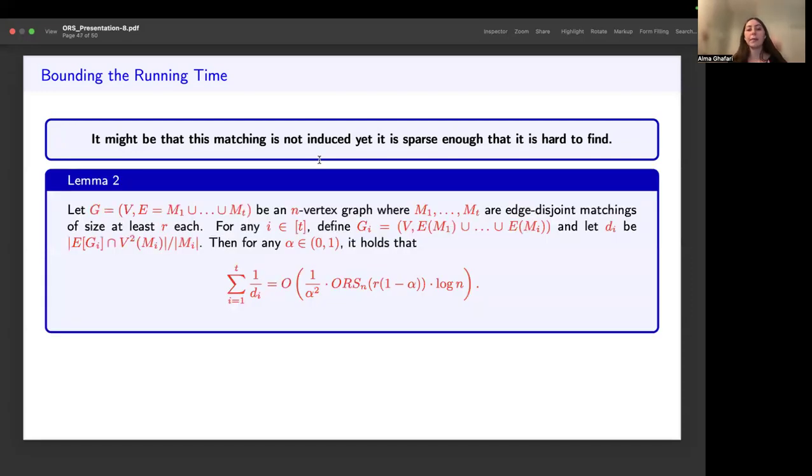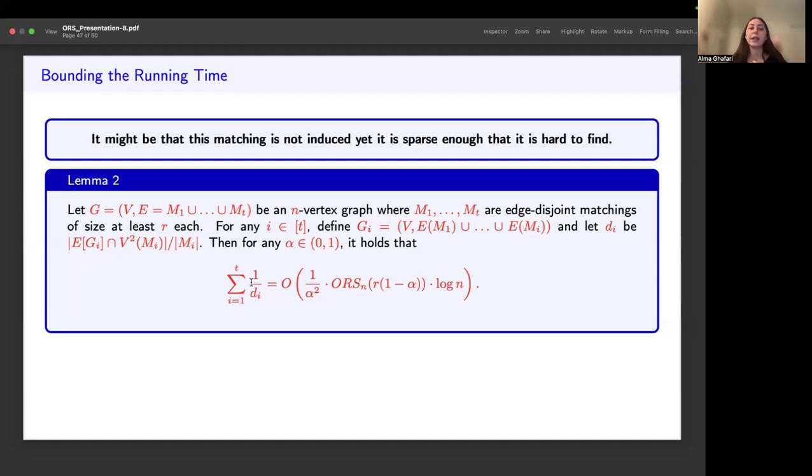We solve this problem using this lemma here. It says, if we are given a graph G that is a union of some matchings, and we look at the degree d_i of each matching in the matchings that appeared before it, this is the average degree in the edge set of the matchings that appeared earlier than this matching.